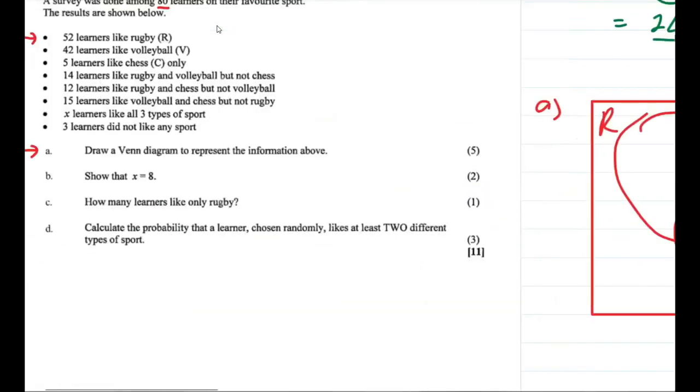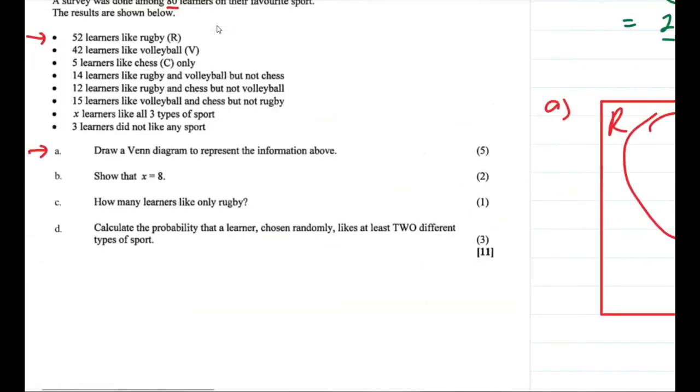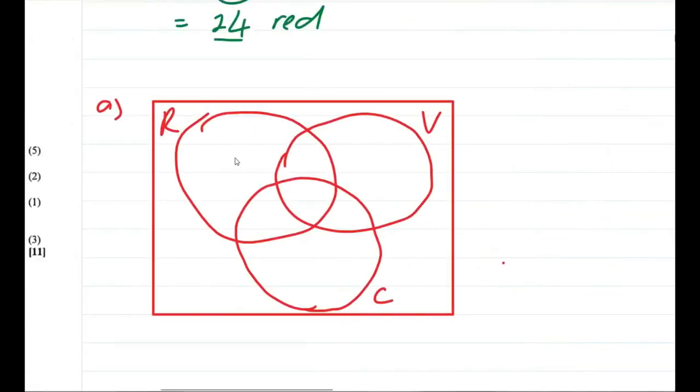Well, let me put it this way. I like the fact that I can feel your hesitation, and I like that you're hesitant, because if they say 52 learners like rugby, does that mean 52 learners are going to come here? Let's say the first place, second place, third place, or fourth place? No, sir. They would only stick to the rugby. Now, does that mean just in this first place? Yes. Can I maybe ask you this?